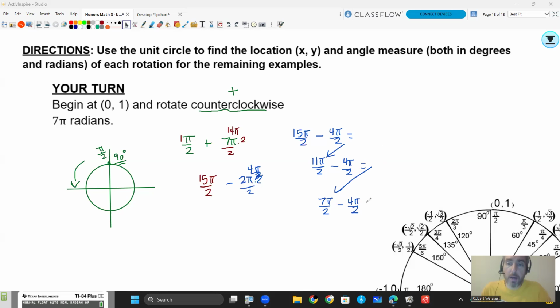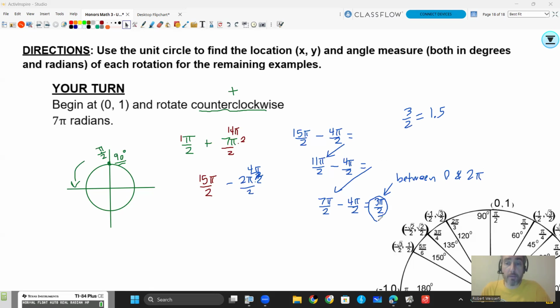That's going to give you 3 pi over 2. Three pi over 2 is a number that is between 0 and 2 pi. 3 divided by 2 is 1.5. So that's going to be between 0 and 2 pi. So we are good now.